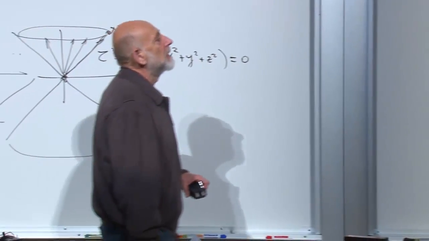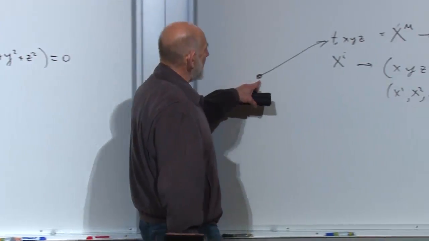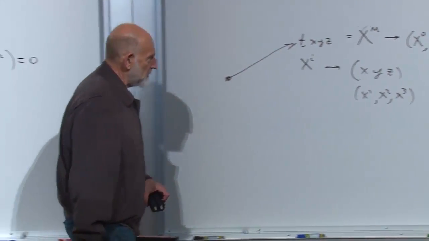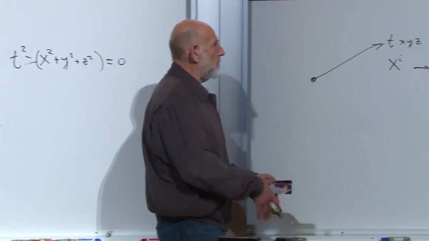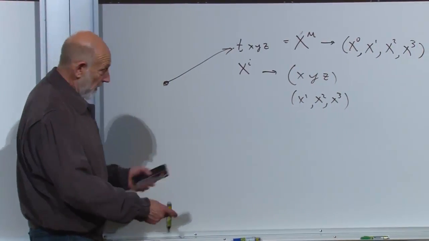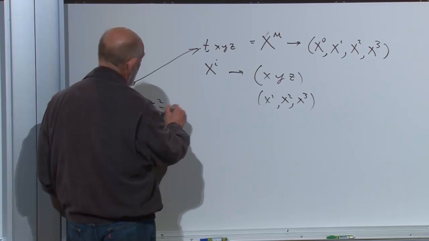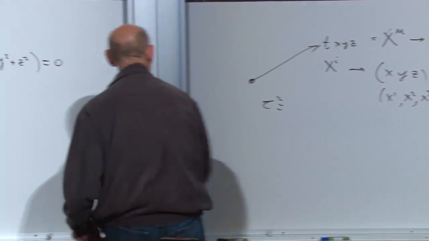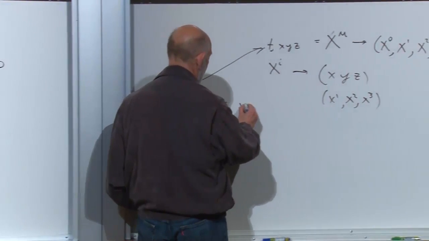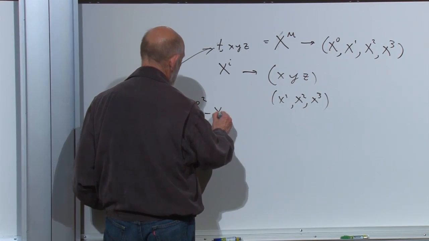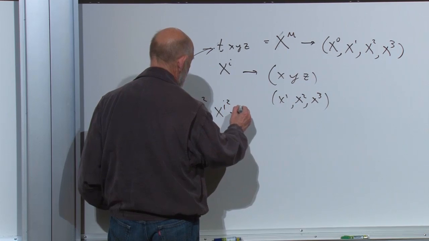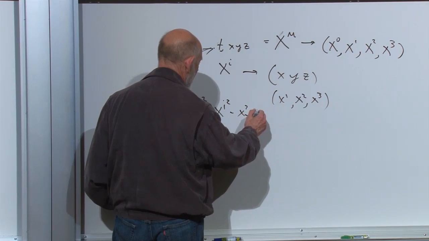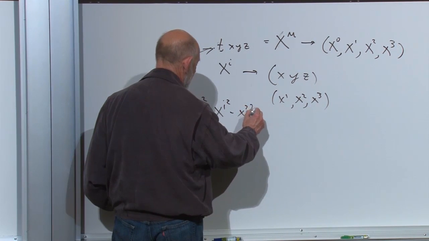What about the space-time distance between these points, the proper time? Tau squared is t squared minus x squared minus y squared minus z squared. But we can also write it as x0 squared minus x1 squared minus x2 squared and so forth.